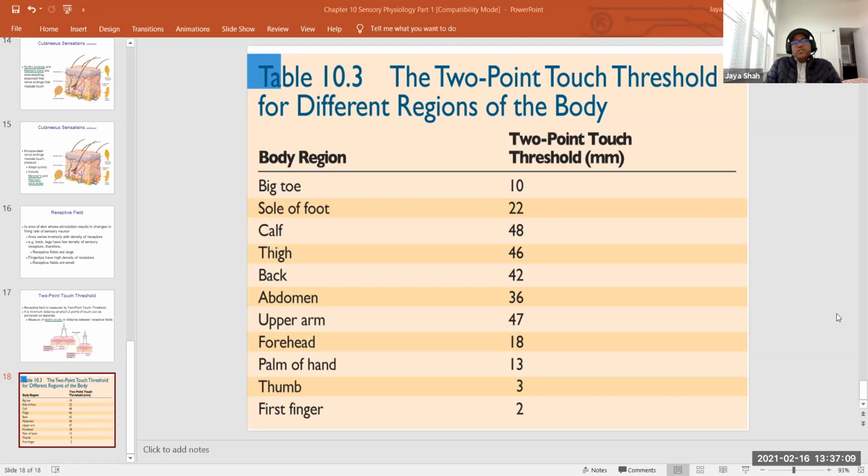Based on this table, which area has the highest density of receptors? The calf. Density. The first finger? Yes, it is the first finger. That's why their 2-point touch threshold is the least, because the distance between two receptors is very minimum.